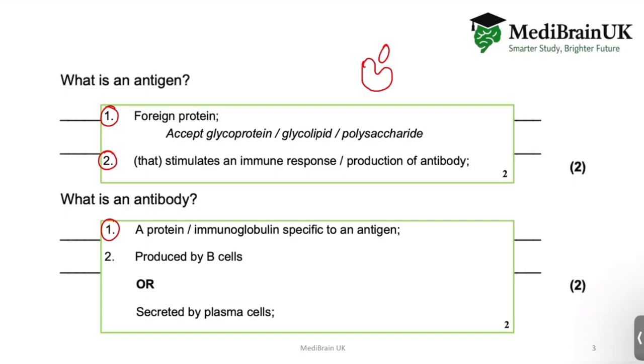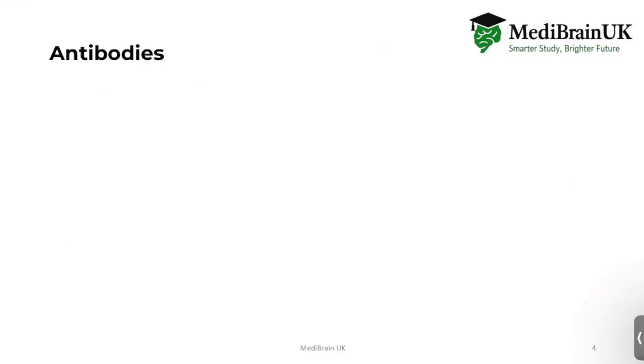Okay, so what we're going to move on to now is antibodies, looking at the structure of antibodies in a little bit more detail. When we look at an antibody, we know that an antibody is a type of protein which is produced by B cells and it's going to bind to antigens to stimulate an immune response.